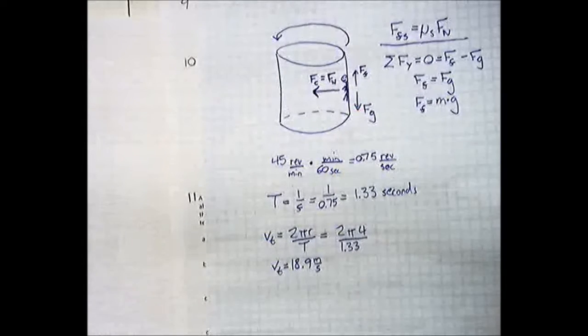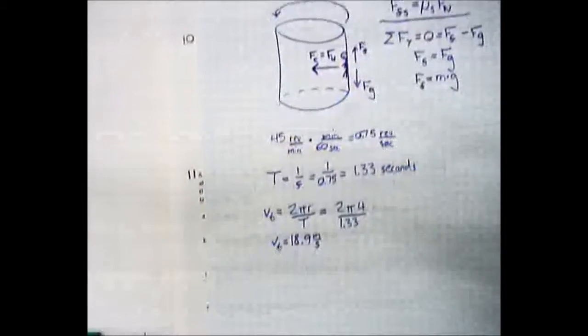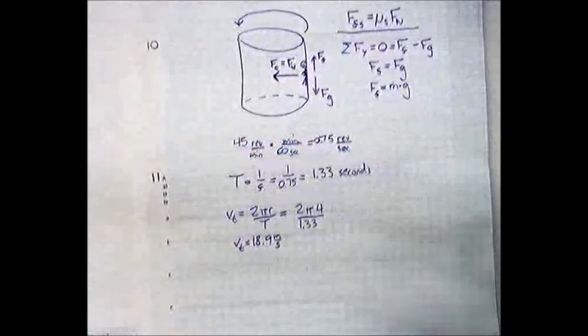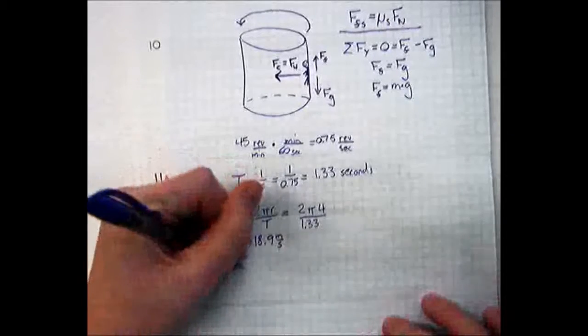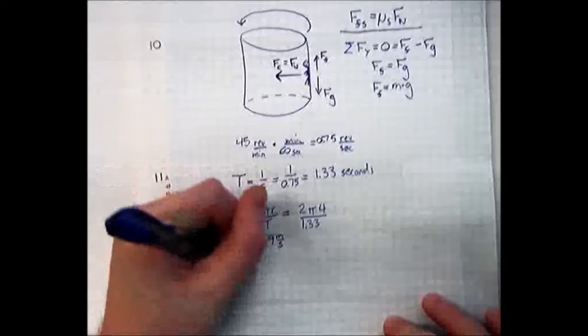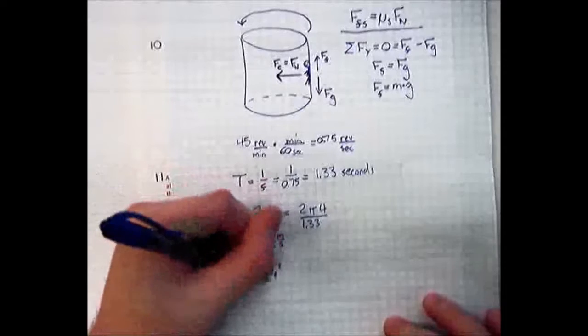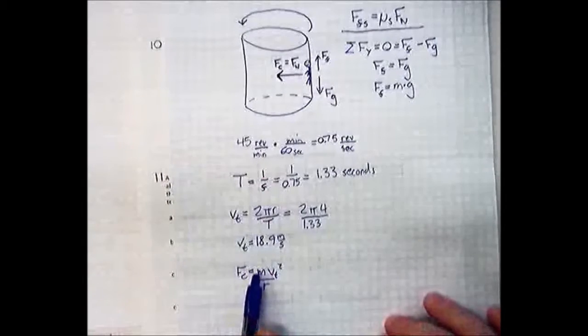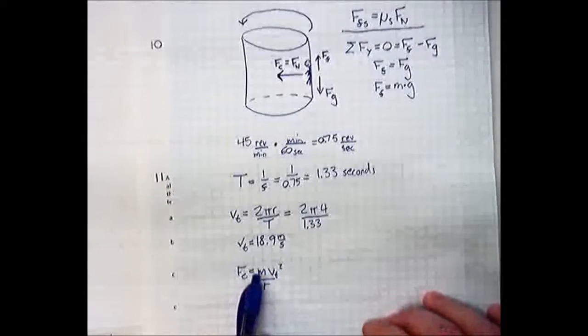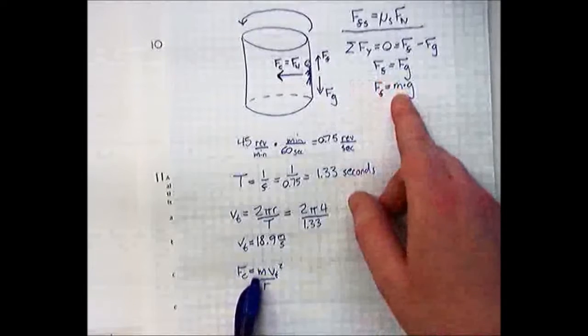So the next thing to do with that would be to plug it into our centripetal force. Centripetal force is what's going to help this all come together at the end. So Fc is equal to m vt squared over r. We don't know the mass, one wasn't given to us, but that's okay. This is the second mass; here's the first one that we saw.